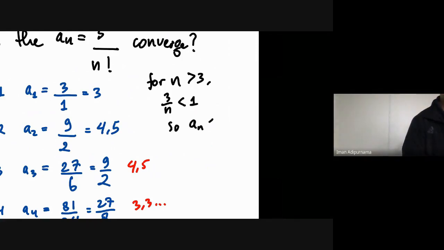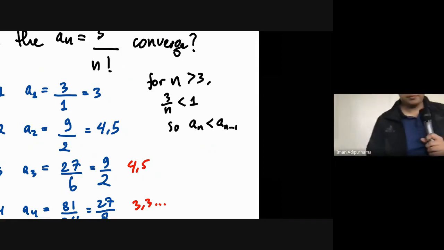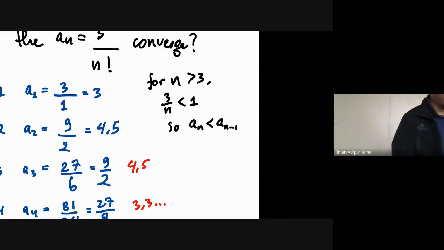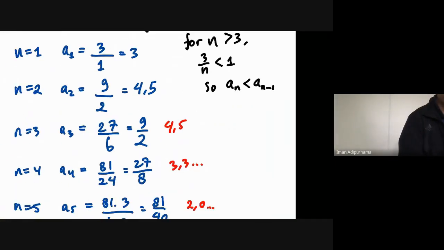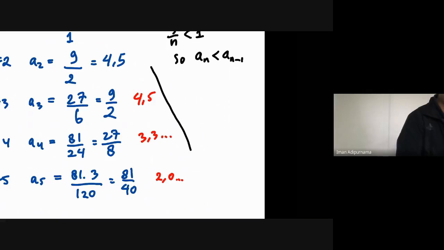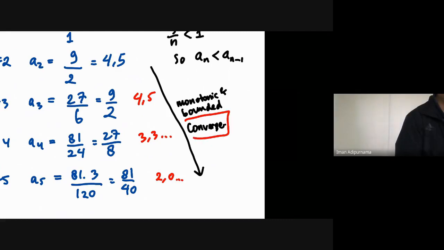So from here until here, it's converged. If you check the numbers, it will be monotonic and bounded. Because it's monotonic and bounded, it will be converged.